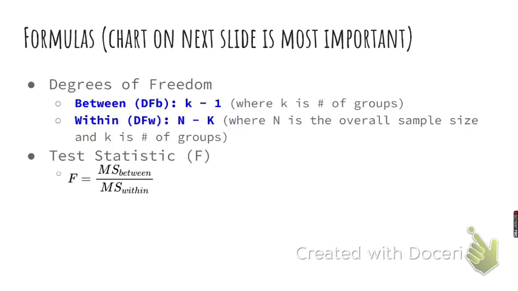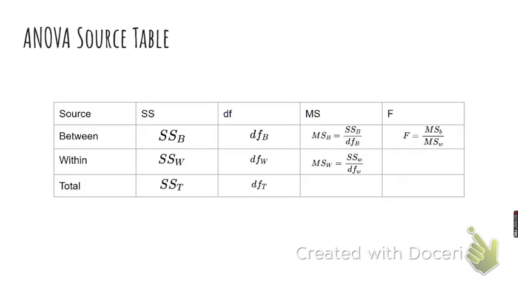Right, so N is the overall sample size and K is the number of groups. That's how you find the 2 degrees of freedom. The test statistic F is MS between divided by MS within. Pause it if you need to write that down. I'm about to go to the chart. Here's the formula for everything. Okay, here's the chart. I've got 2 examples. But basically, they're going to give us a random assortment of these numbers, and we're going to have to fill in the blanks in the chart.